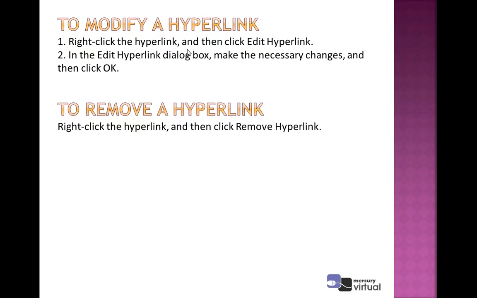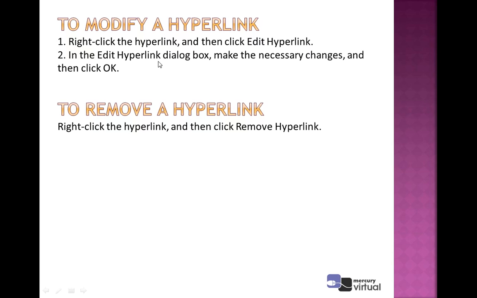This means there is some modification in the hyperlink. That modification is done by right clicking on the hyperlink and then clicking Edit Hyperlink. So modification means changing the linking purpose from one part to another.